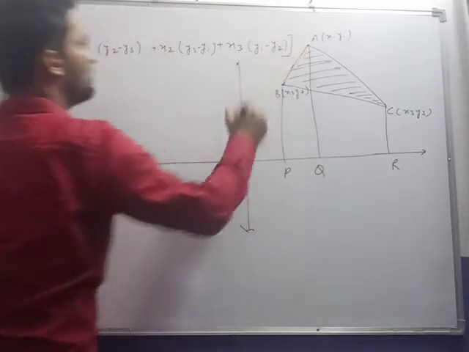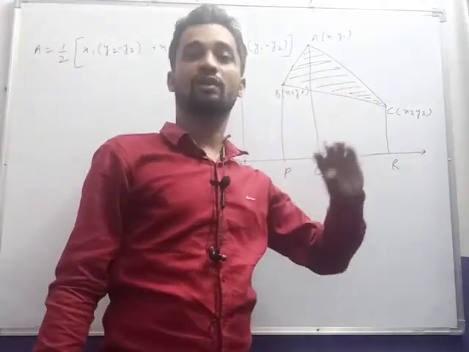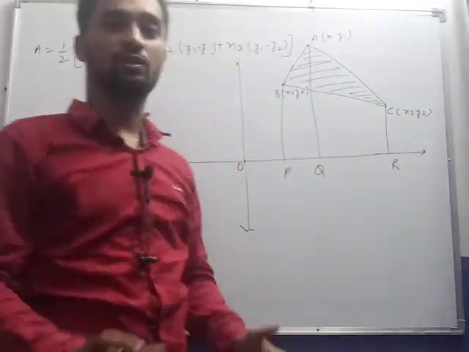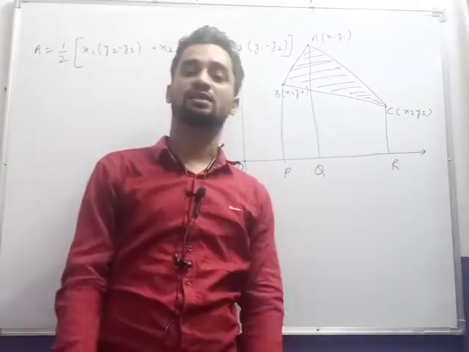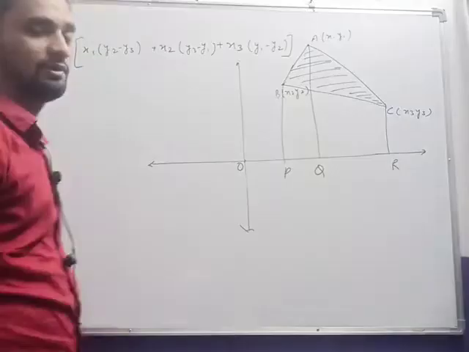So this will be the formula for finding the area of a triangle when the coordinates of the vertices are given. Now we'll see exercise 7.3.